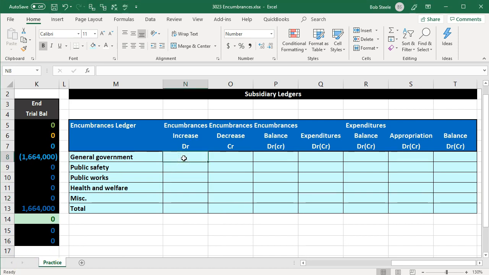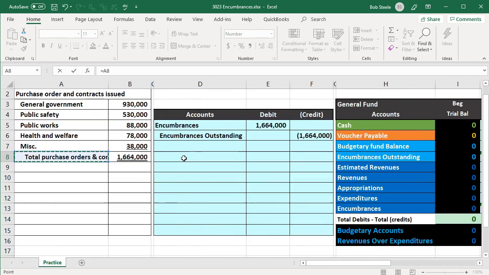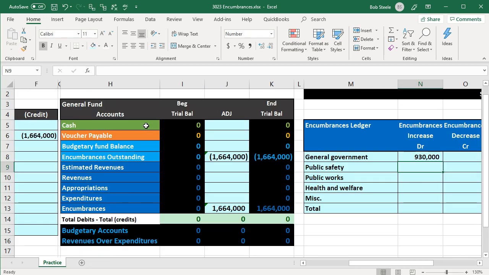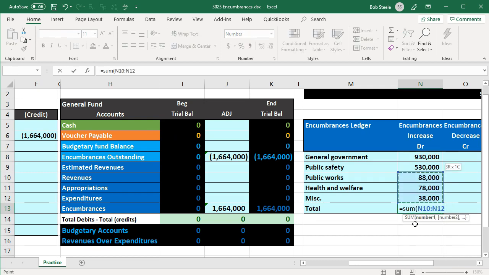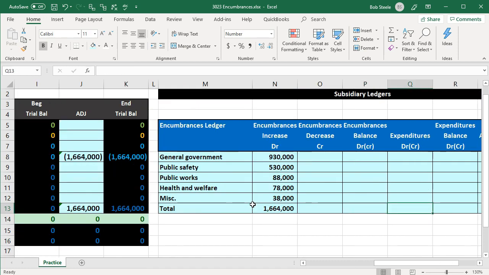All we have now is, of course, the debits or the increases here. So I'm going to say this equals the breakout of the 930, and then I'm going to copy this down. So I'm going to say enter, and then I'm just going to copy this down, and then I'm going to sum this up for the total. So we're just breaking out the detail, and of course that sums up to the detail in our trial balance.